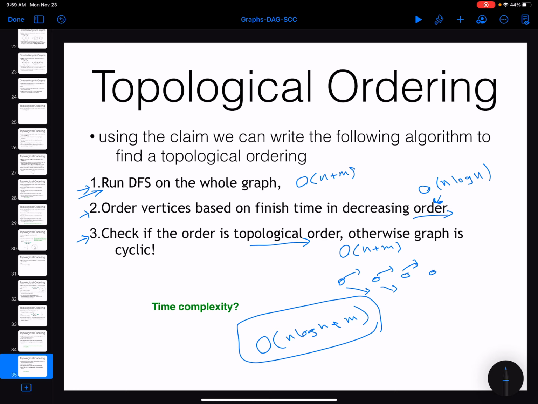You just need to reverse it and it gives you the ordering of the nodes based on the finish time in decreasing order. So the total time complexity is going to be O of n plus m.